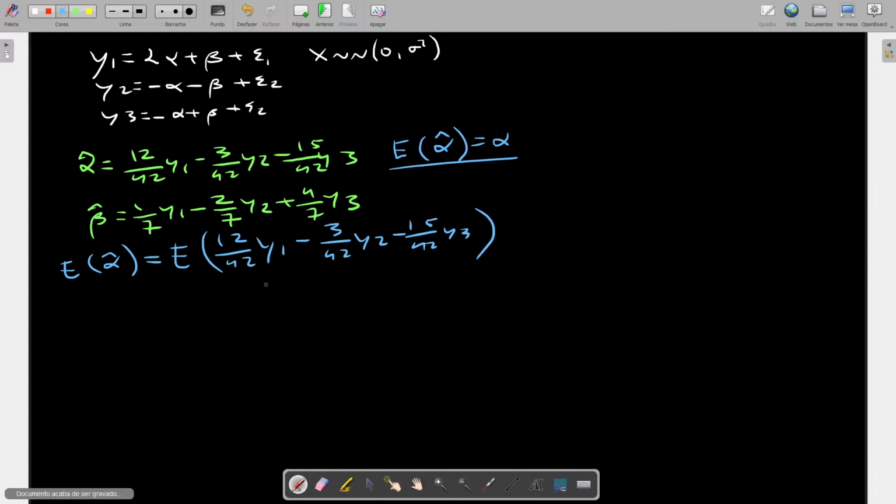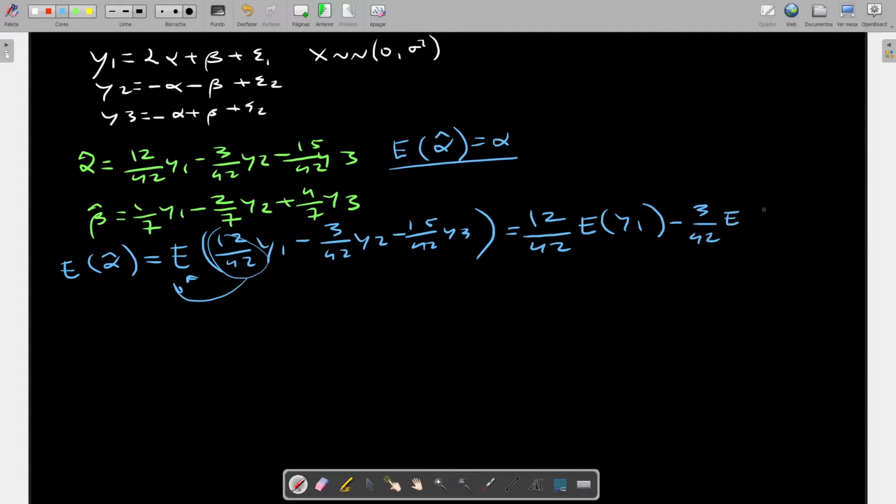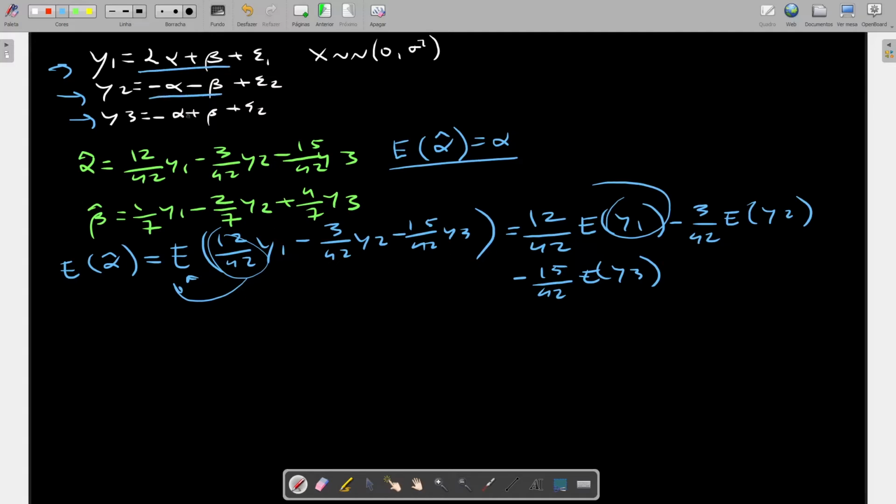And we have this property from the estimation that all this value can come outside. So this is the same thing as having 12 divided by 42 y1 minus 3 divided by 42 y2 minus 15 divided by 42 y3. Now, in order to find these values, we're going to go to this expression and use all the values that you have inside.